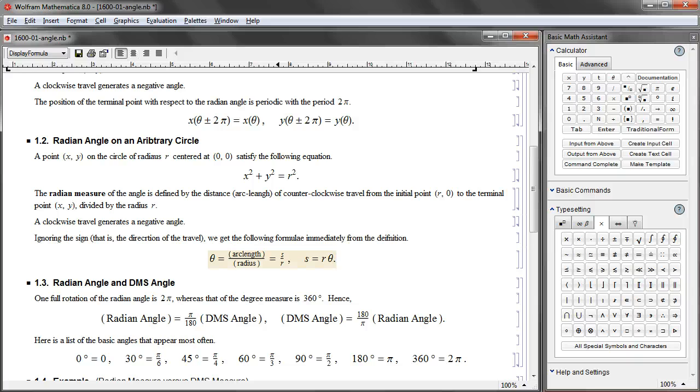If you throw away all the signs and look at only magnitude, you can use the same formula too, except that this time we are taking only positive values, no matter what direction we move. That's useful for geometry. However, that's not the definition of the angle. The definition of the angle is right over here, arc length over radius, or more precisely, counterclockwise arc length over radius.